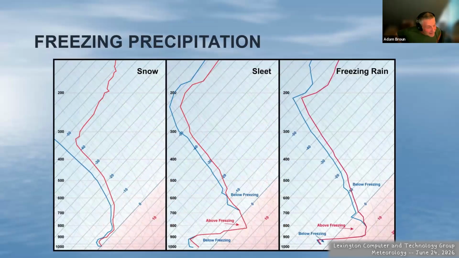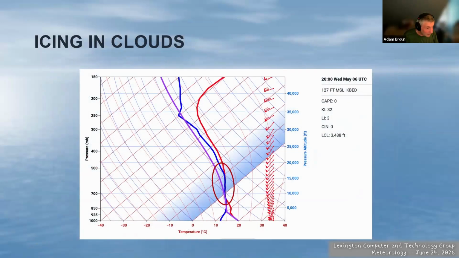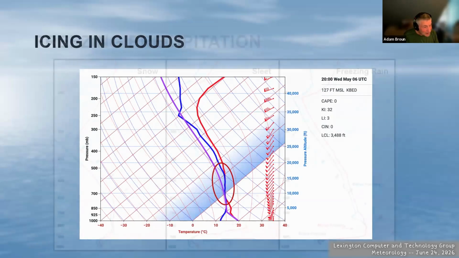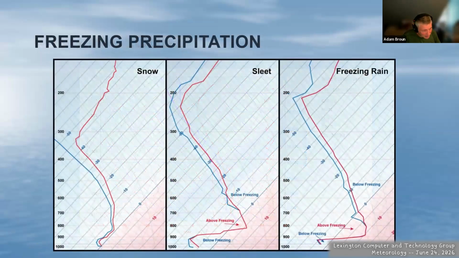Another thing that we can look at, and we've got three different example SKEW-Ts on here, and this is obviously more for a wintertime talk. We saw in our previous slide where we could discern icing in clouds. We can also discern different types of precipitation.